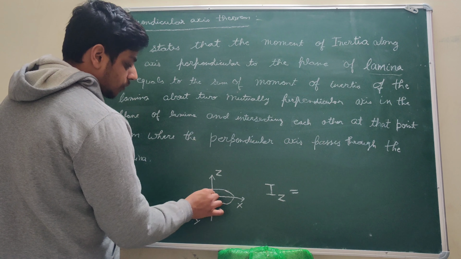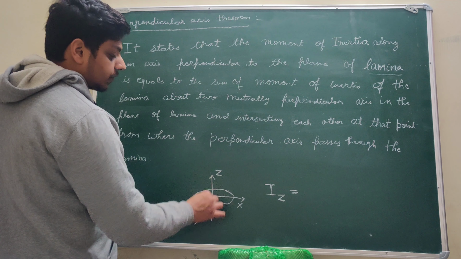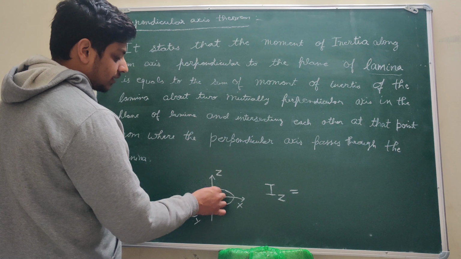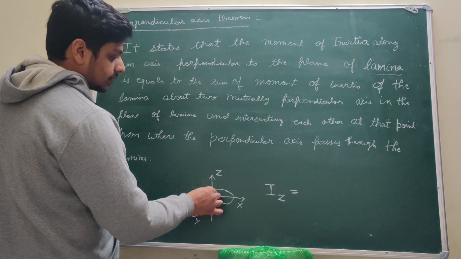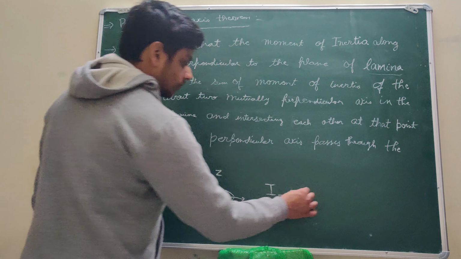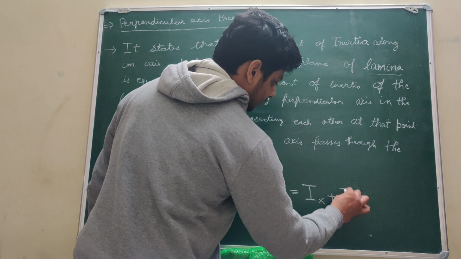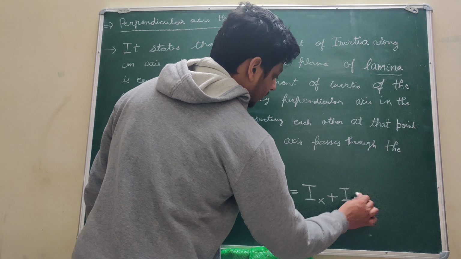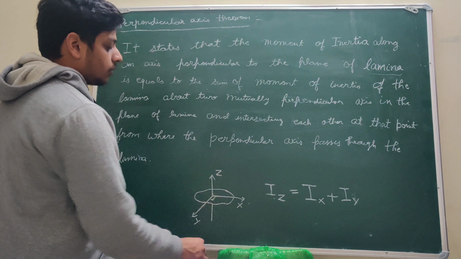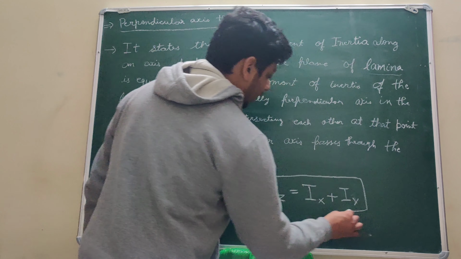And these both axes are mutually perpendicular to each other, and they are intersecting the perpendicular axis which is passing through the lamina. So basically all the three axes are intersecting at a single point, and the sum of moment of inertia of both the axes is Ix plus Iy, and it is equal to the moment of inertia along Iz.